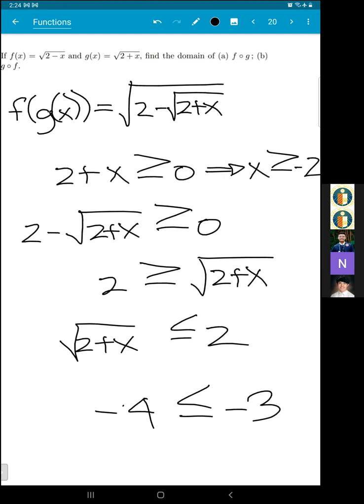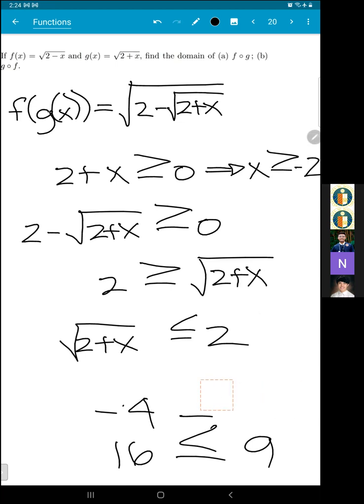But if you square both sides, notice the inequality will no longer retain its sense. It will no longer be true. I square the left-hand side, I get 16. I square the right-hand side, I get 9. But it's not true that 16 is less than or equal to 9. Squaring both sides can only be applied if both quantities are positive.